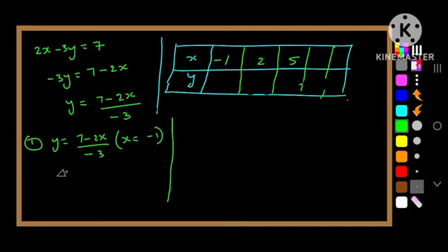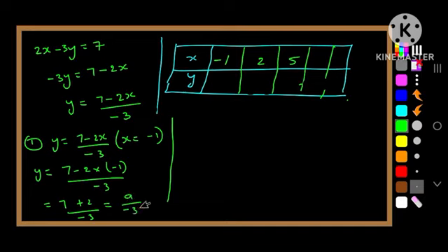So we will see what I'll get. y is equal to 7 minus 2 into minus 1 by minus 3. So 7 minus into minus, plus, 7 plus 2 is 9, by minus 3. So you'll get minus 3 as the answer.